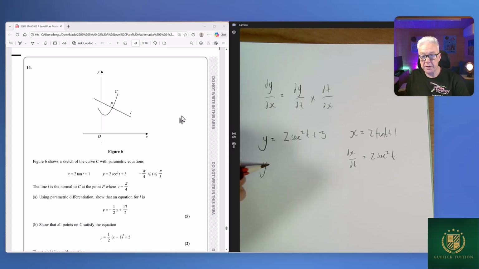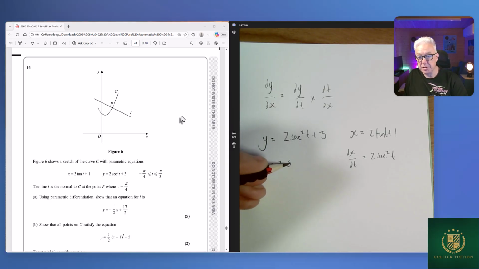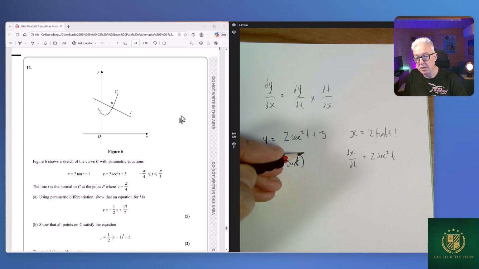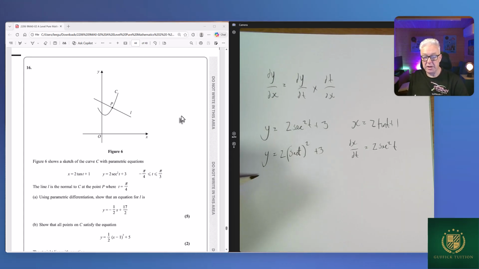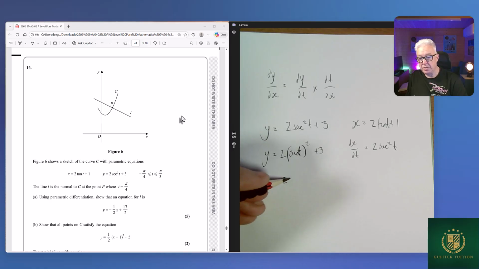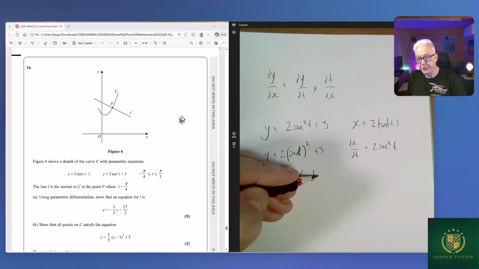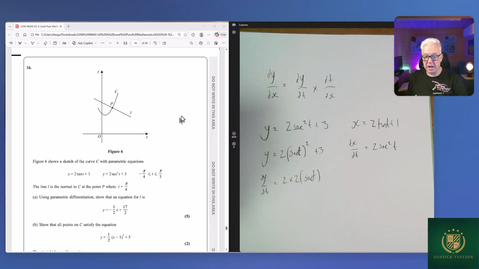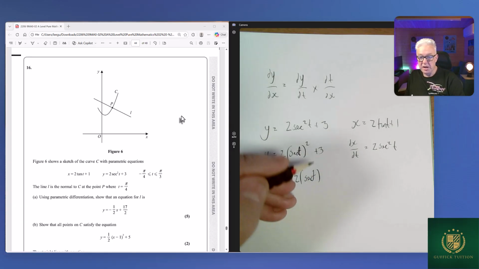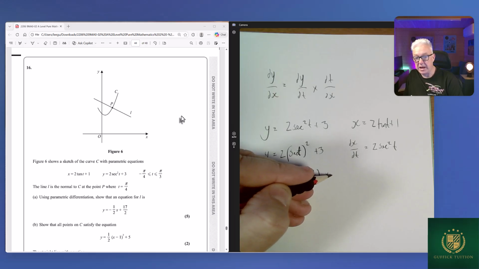For y, I'm going to rewrite this as 2 times sec t all squared plus 3. Now when I differentiate this, dy by dt is going to equal 2 times 2 sec t, and then you've got to times that by the derivative of the inner function, and sec differentiates into sec tan.